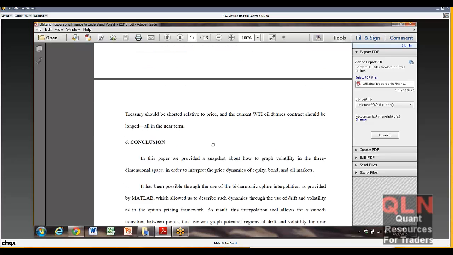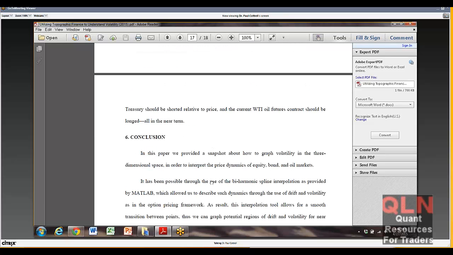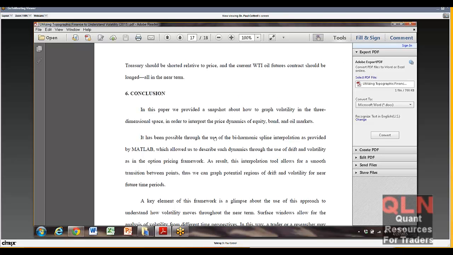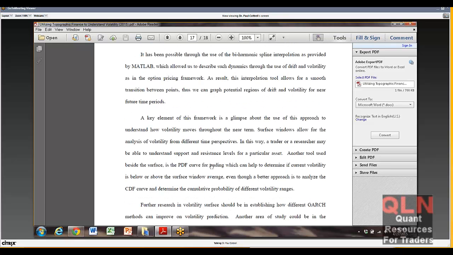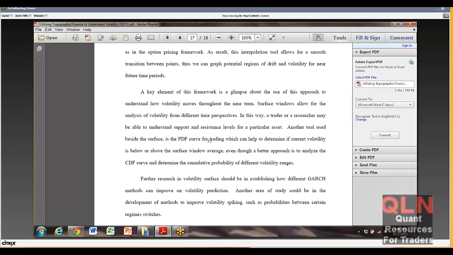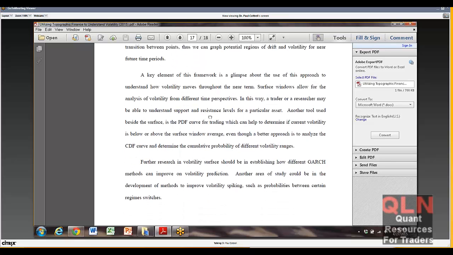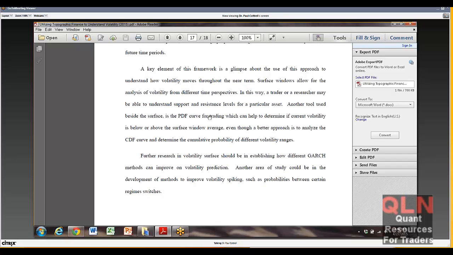And before I take any questions, just to recap, this framework is really to understand volatility in different markets and to see it, at least in this paper, in the market and the volatility of the market through time.